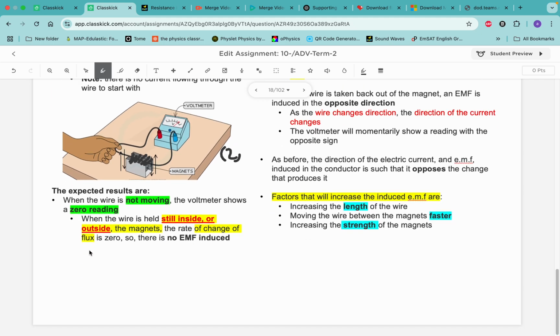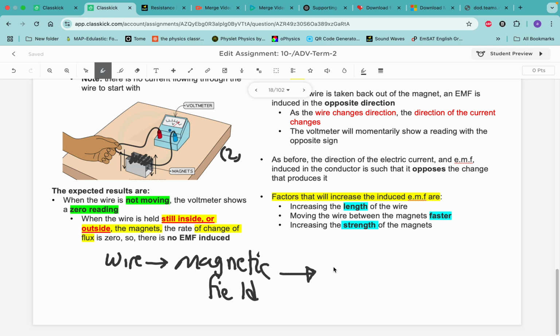So the idea here, when a wire moves across a magnetic field, if the wire will cut a magnetic field created by a magnet, this will cause magnetic field to be changed. When magnetic field is changed, EMF will be induced.